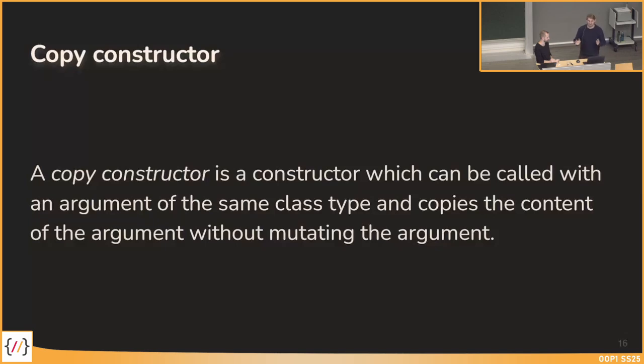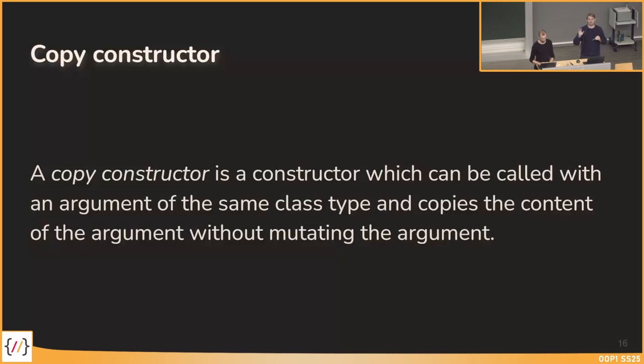Let's start with a definition. A copy constructor is a constructor which can be called with an argument of the same class type and copies the content of the argument without mutating the argument. So it's basically a constructor, but you pass an argument which has the same class type.